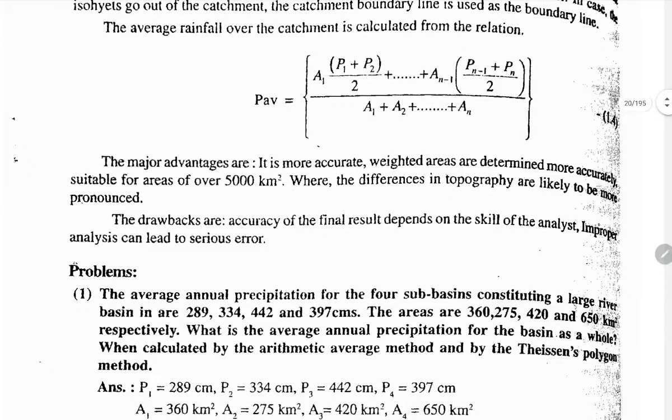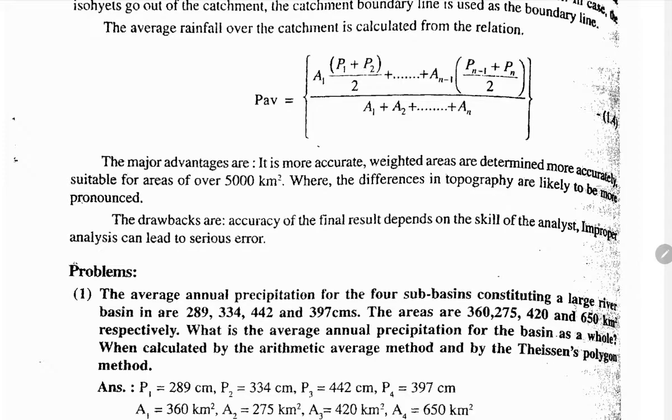Here it is more accurate, where areas are determined more accurately. For larger areas you can use the isohyetal method. For example, if one rain gauge station is provided for a larger area, in that case the isohyetal method gives reliable data as compared to the previous two, where the differences in topography are likely to be more pronounced.